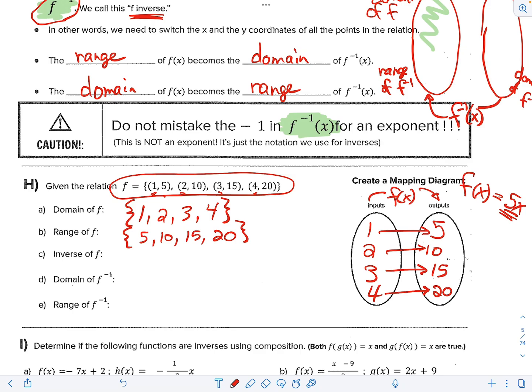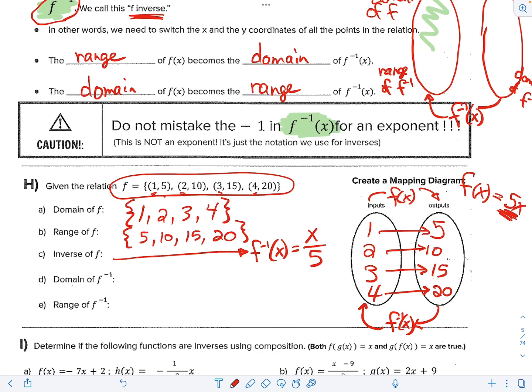The inverse of f, this one is easy enough: if you have a function that multiplies everything by 5, its inverse, if we were to characterize it by an equation, would be something that takes everything divided by 5, or 1/5 times that number.